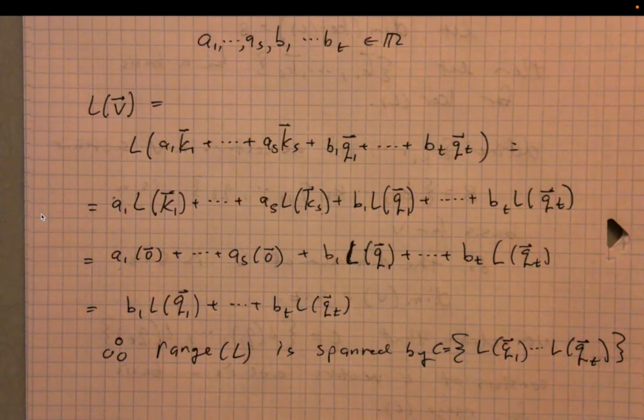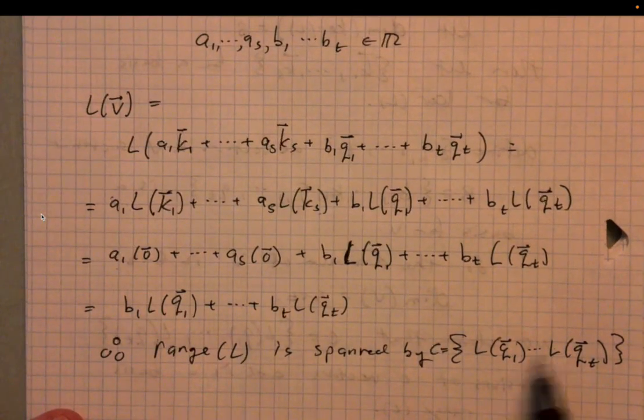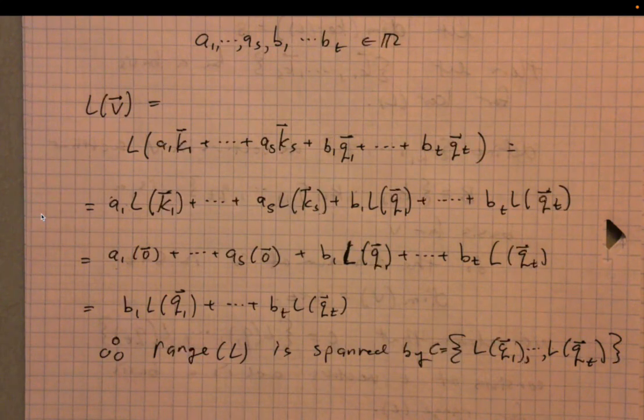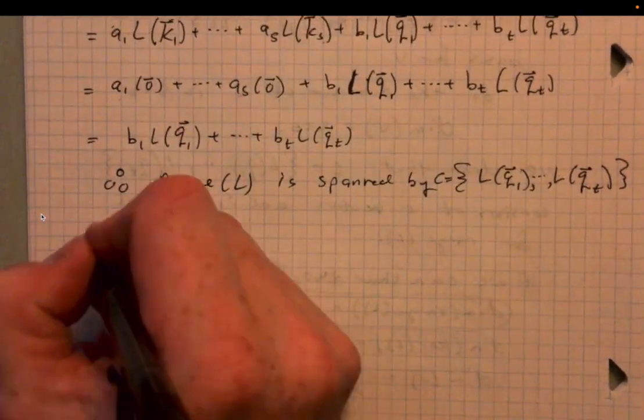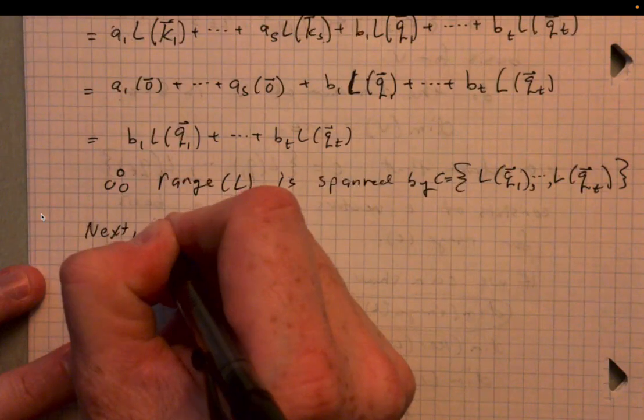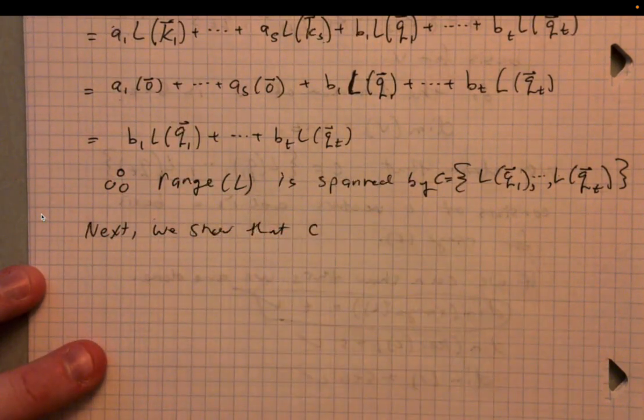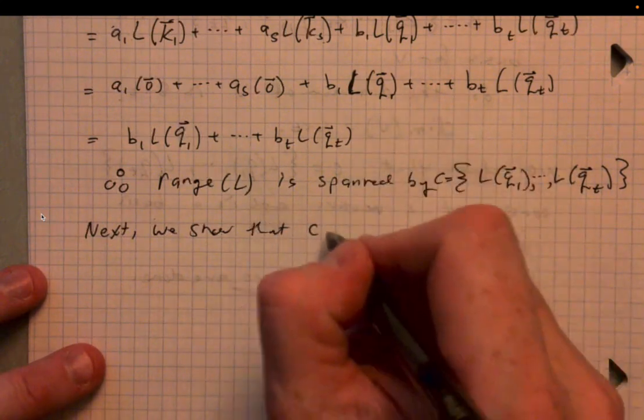What we don't know is that these vectors L of Q1 through L of QT are linearly independent. We need to show that next. So if it spans and is linearly independent, then we've got a basis. Let's see if it's linearly independent. Spoiler, it is linearly independent.